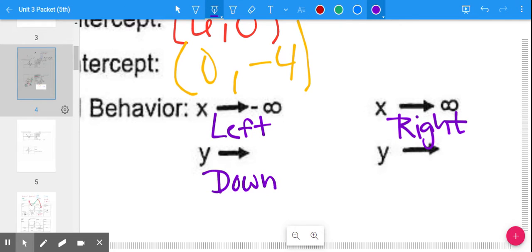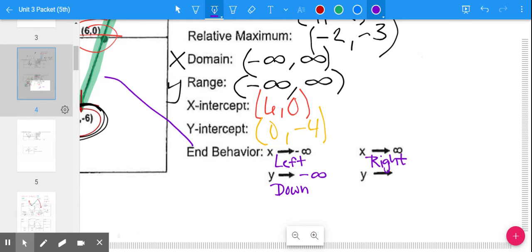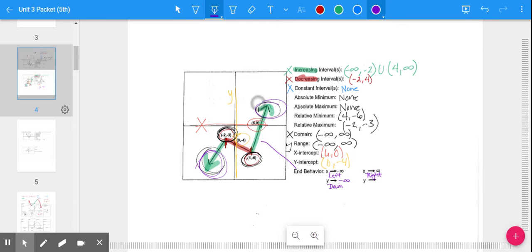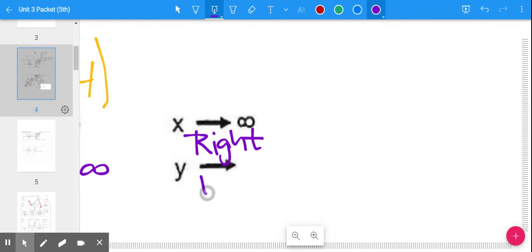And down is where all the negative numbers are, and it's got an arrow pointing down, so it goes towards the negatives forever. And then on the right side of your graph, we have another arrow, but this one is pointing up. And up is where all the positive numbers are, so the arrow lets us know it's going up forever, so positive infinity.